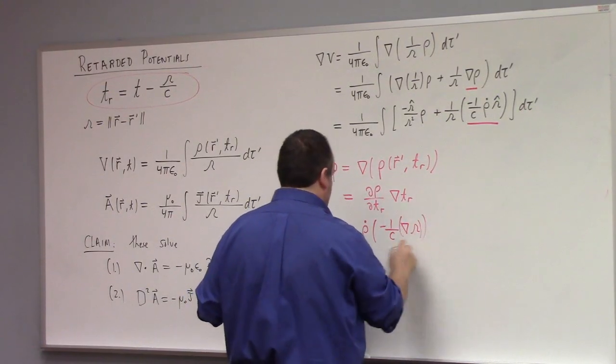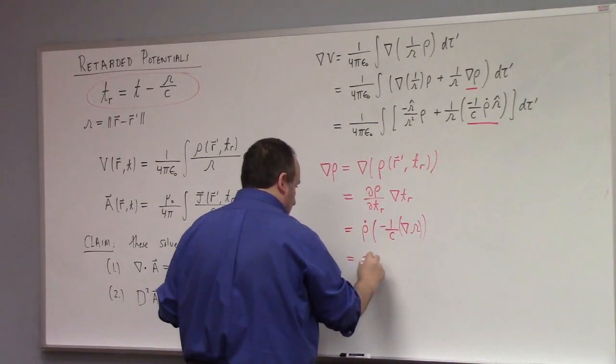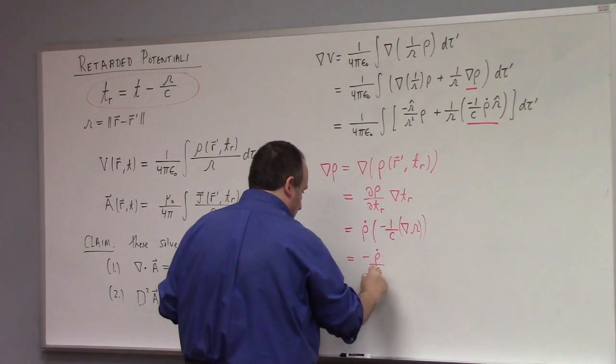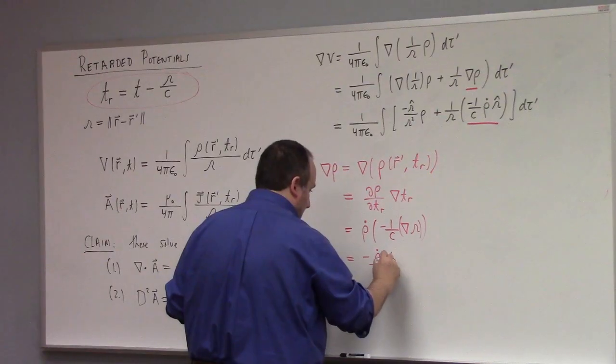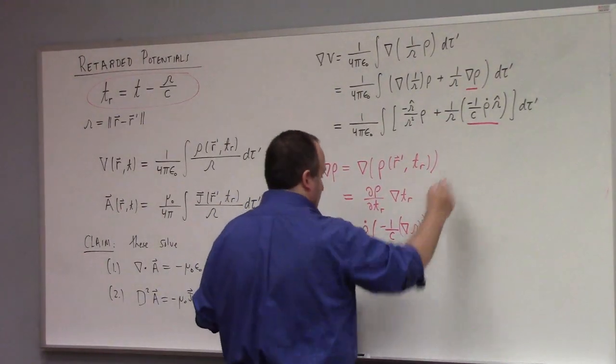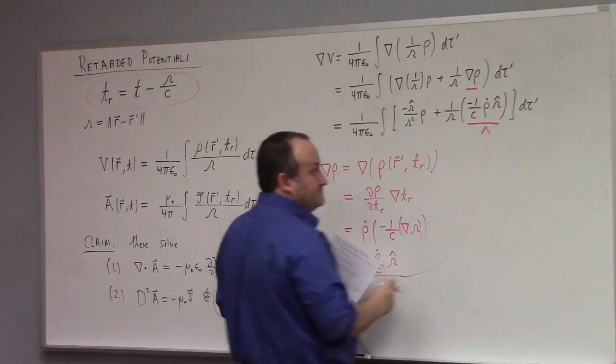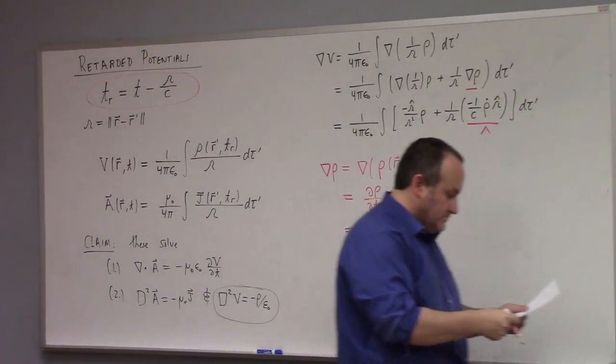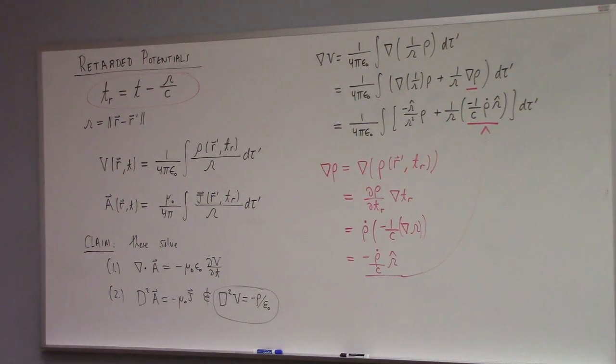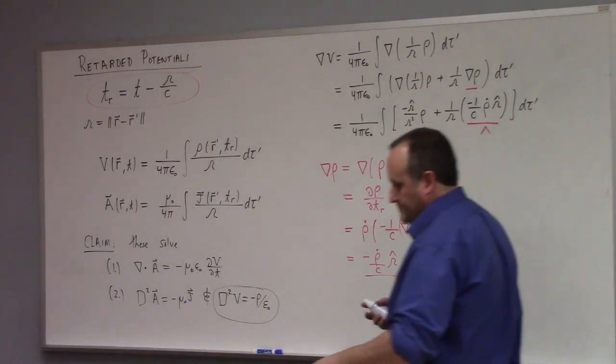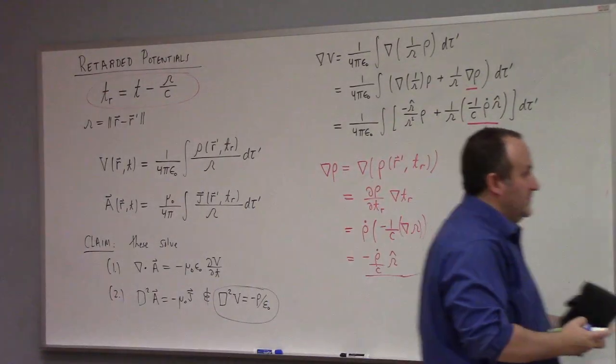But the gradient of script r, we worked this out before, is simply r hat. And that's why we put that there. So far, so good, yes? No? Maybe so? All right, let me continue.